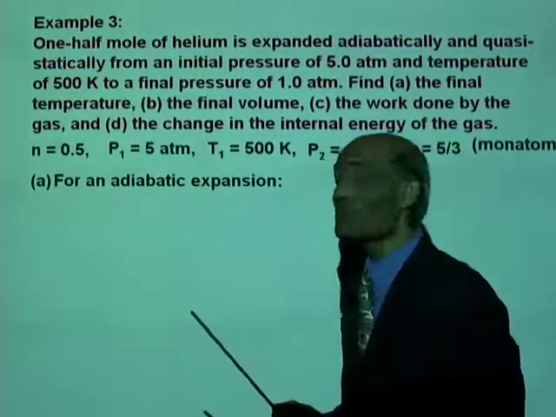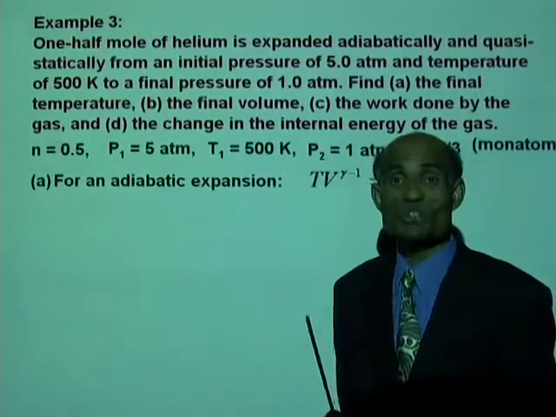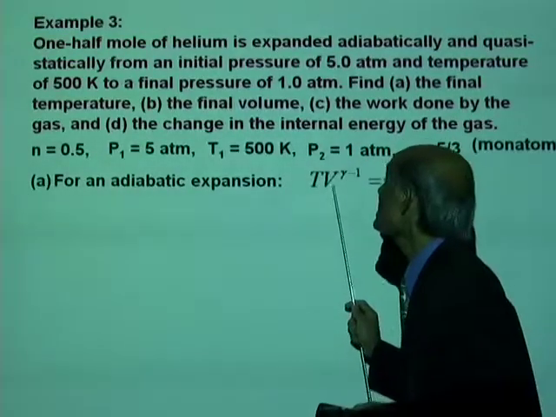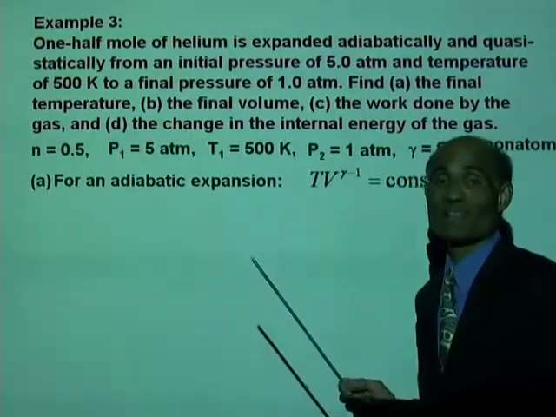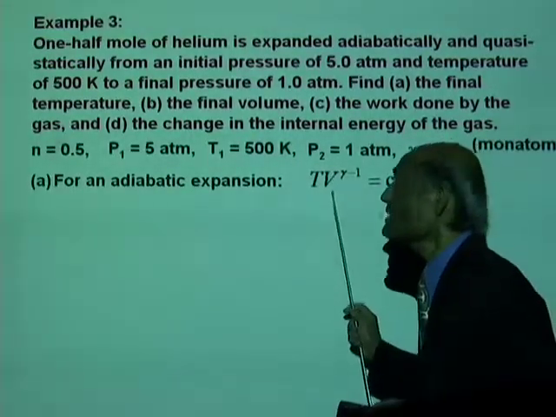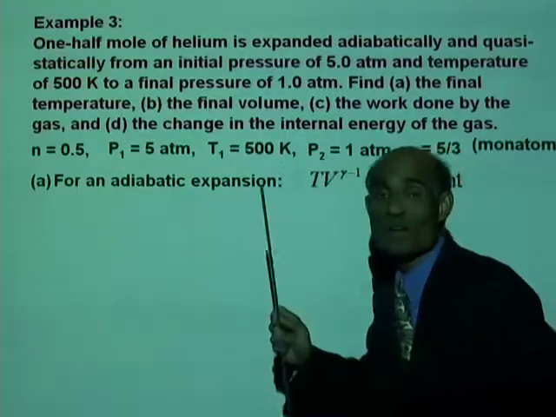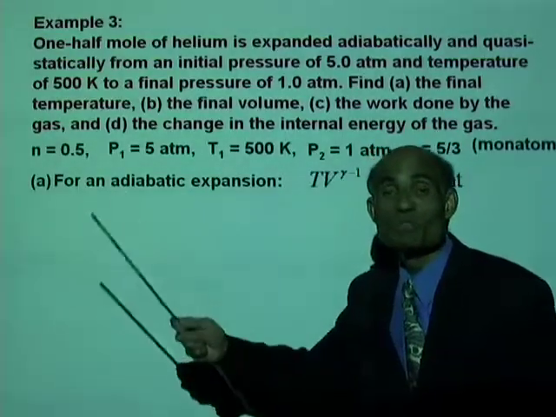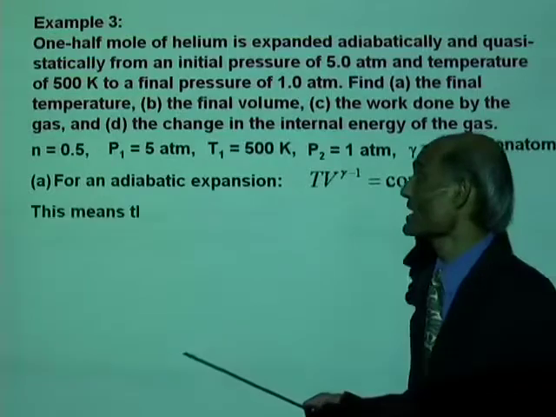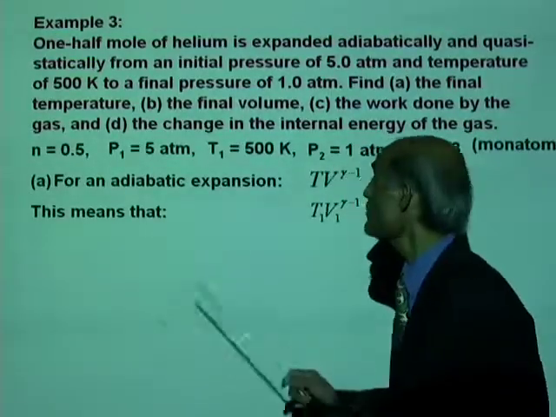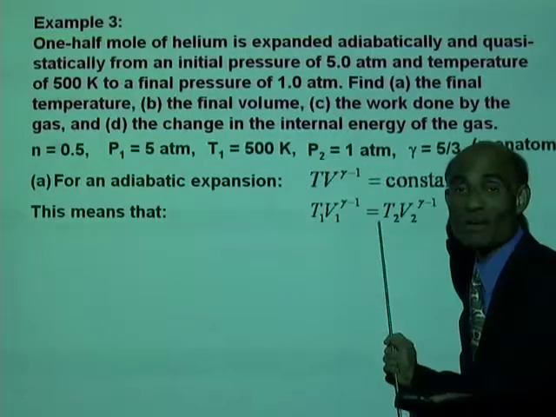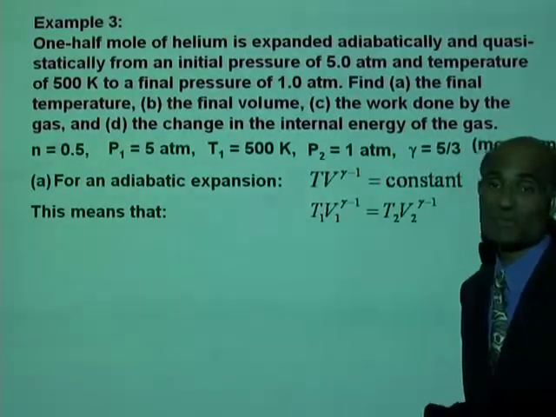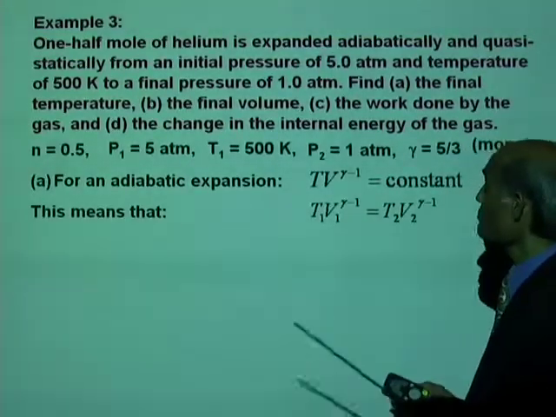For an adiabatic expansion, what is the equation? T V to the power of gamma minus 1 is a constant. In other words, T1 V1 to the power of gamma minus 1 equal to T2 V2 to the power of gamma minus 1.